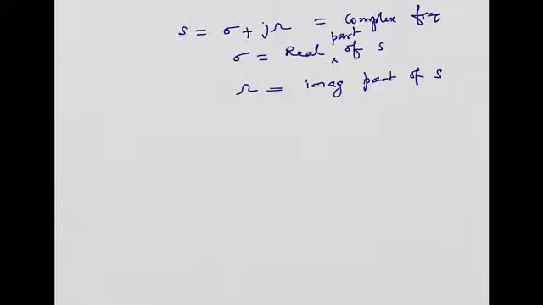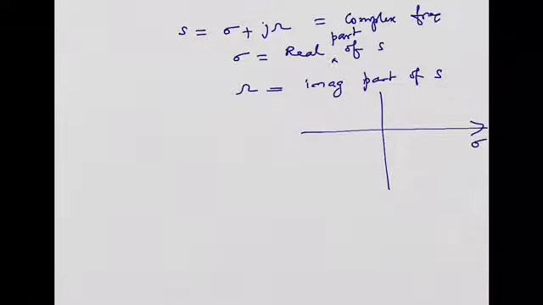The s plane is a complex plane where sigma will be on the real axis and omega will be taken on the imaginary axis. This is called the s plane. I have already told you that. Any point on this plane will be a combination of sigma plus j omega.